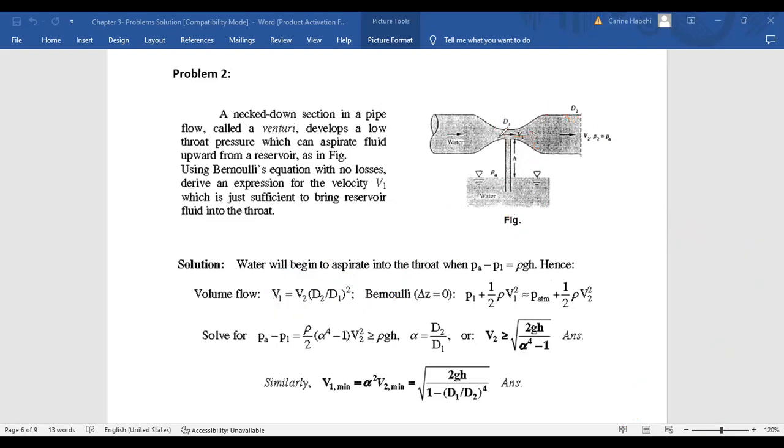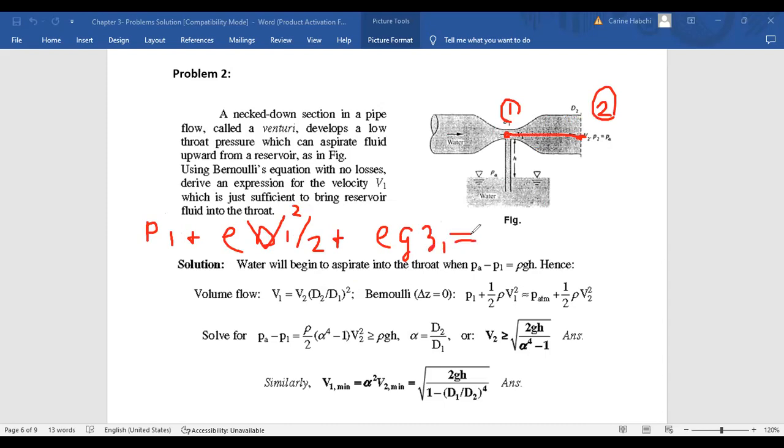So now if we apply from point 1 to point 2, the Bernoulli equation, we can write that P1 plus rho V1 square over 2 plus rho g Z1 equals P2 plus rho V2 square over 2 plus rho g Z2.